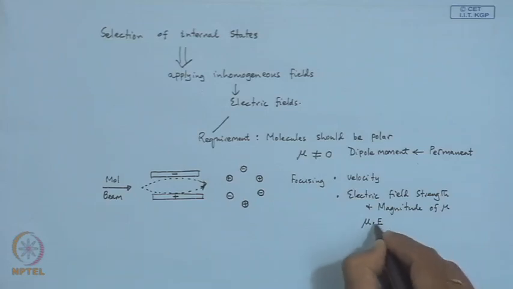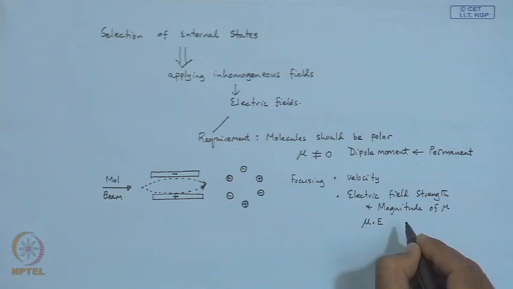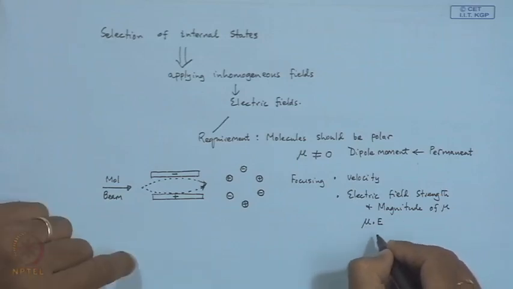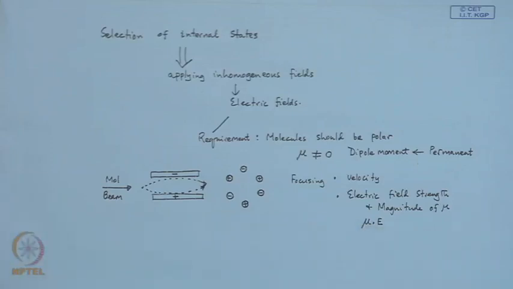Basically mu dot E means mu E cos theta, so it is a dot product: the component of the dipole moment along the field. The energy change as a result of this interaction between the dipole moment and E is given by mu dot E. Originally energetically degenerate levels are now not degenerate as a result of this interaction.